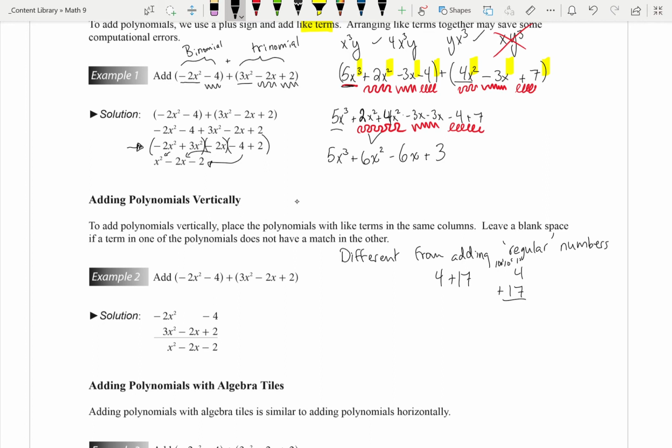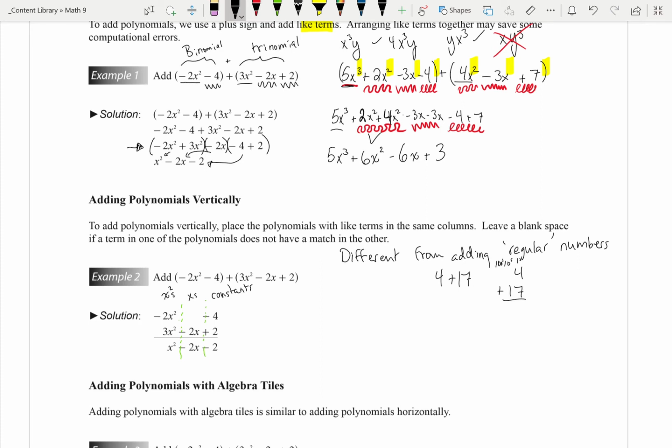So what I mean by that is my columns are no longer ones or tens, but if I split down this line for a moment and down this line for a moment, you can see that I have x squares here, I have x's here, and I have no x's. So I'll just say constants.